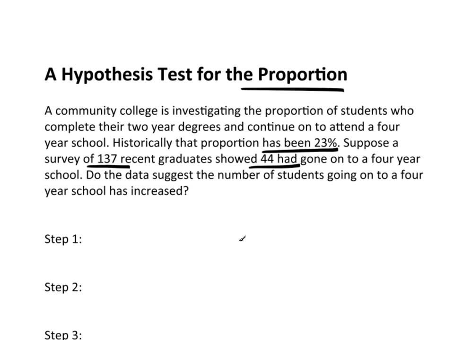When you look at this, first of all, you notice there's no sample average and no sample median. The parameter here is pi. It's a proportion. We talk about 23% historically, and that's pi.